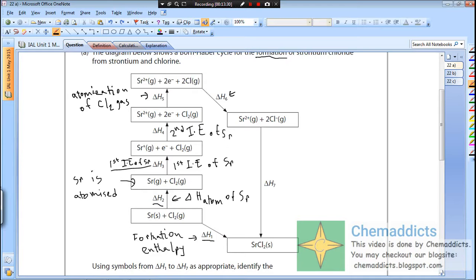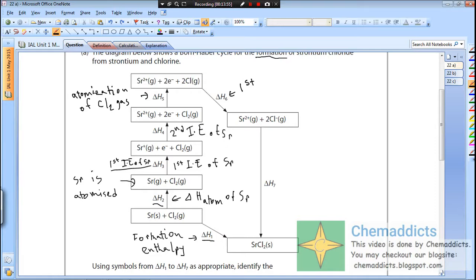That's because each chlorine atom has received one electron to form uninegatively charged chloride ions. So fellas, don't make a mistake over here. Most students might make a mistake here.